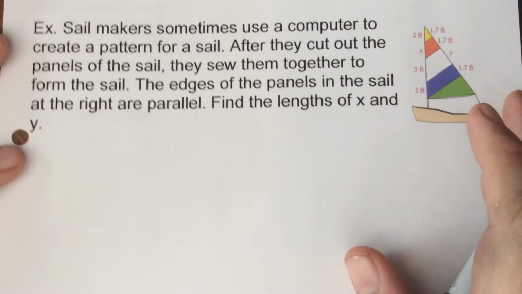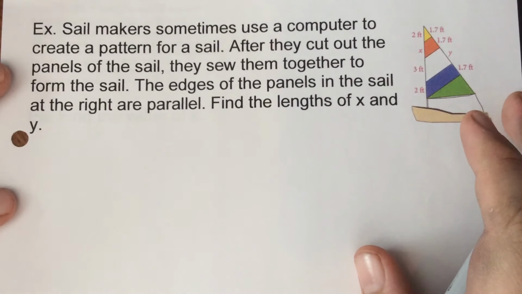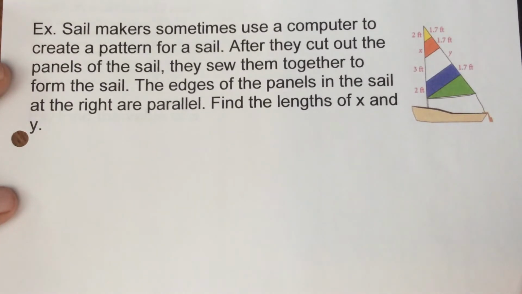Like here on a sailboat. Sailmakers sometimes use computers to create a pattern for a sail. After they cut out the panels of the sail, they sew them together to form the sail. The edges of the panels in the sail at the right are parallel, so find the lengths of x and y. That was a lot of sails and patterns.